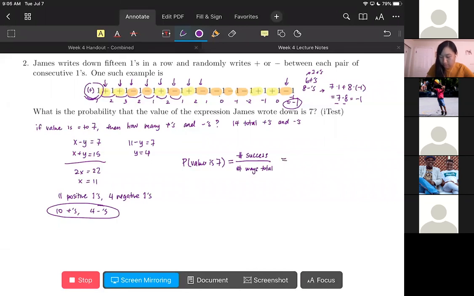So is it possible that they could all be minuses or all be pluses? Yeah, it's possible, but then it's not going to evaluate to 7, right? So if I do all pluses, that's going to evaluate to 15. But I'm talking about the total number. Is it possible that in randomly putting them down, he could just write all minuses or all pluses? Yes, it is possible.